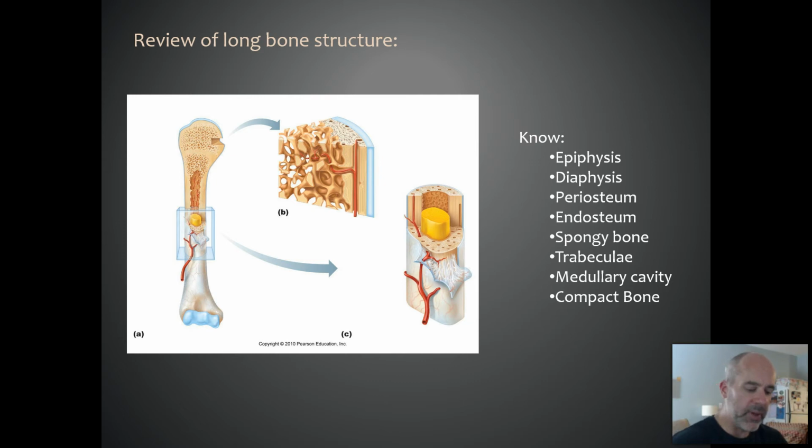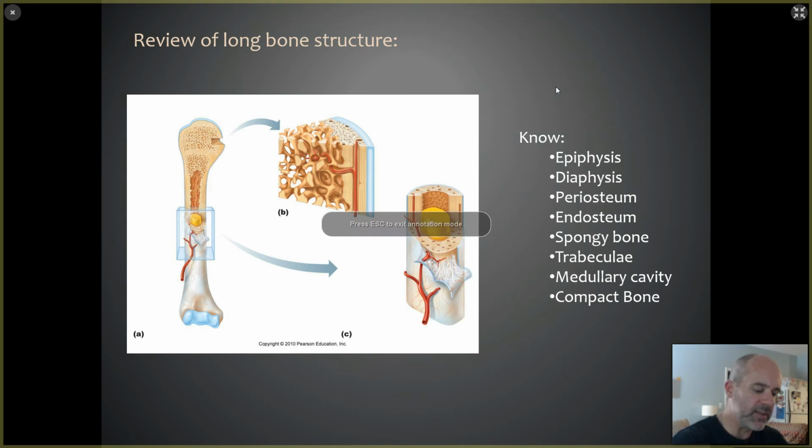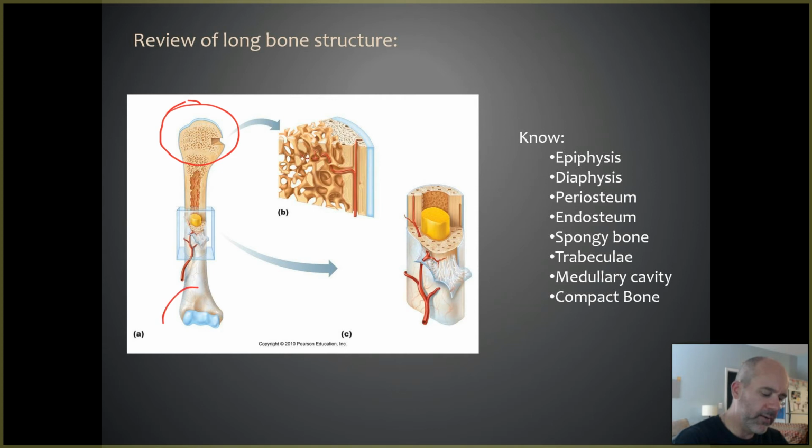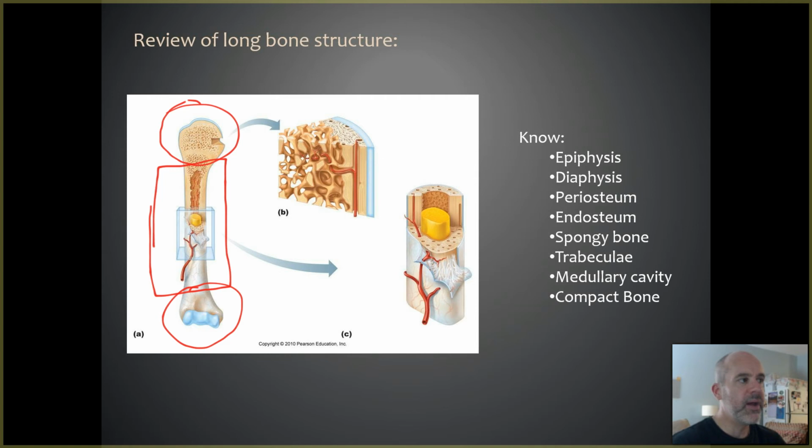So for example, epiphysis. Where do we see an epiphysis on the diagram? Remember the epiphyses, right there and right there. Those are on the ends of your long bones. The diaphysis, that's this skinnier central part of the long bone.